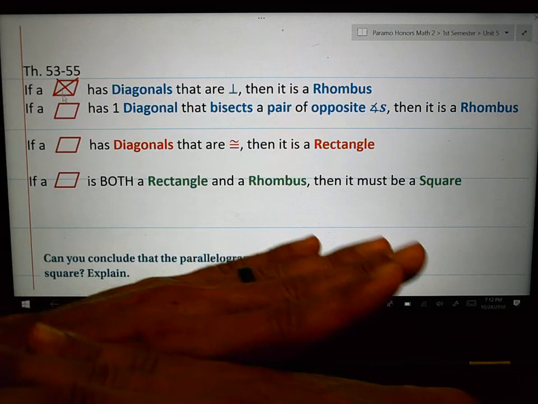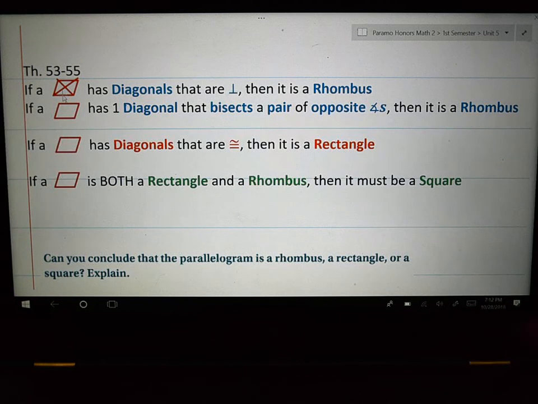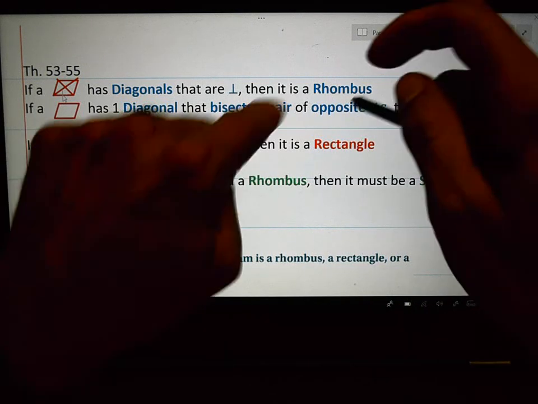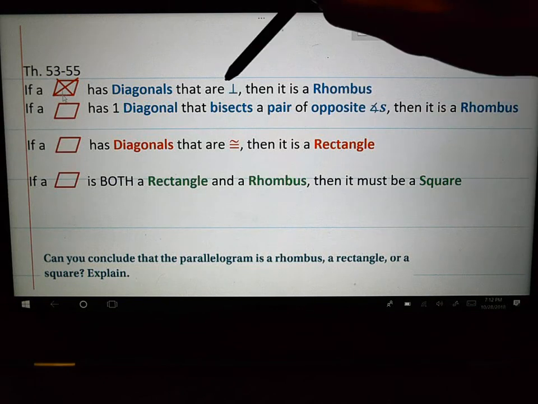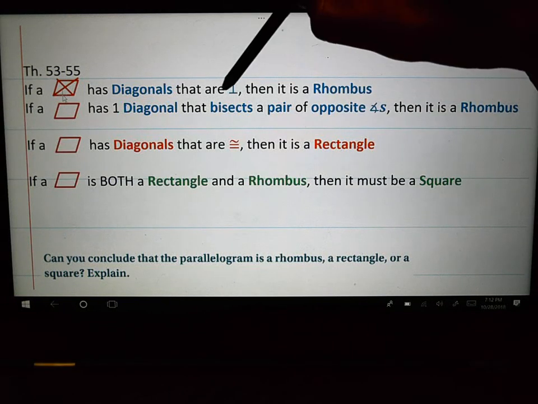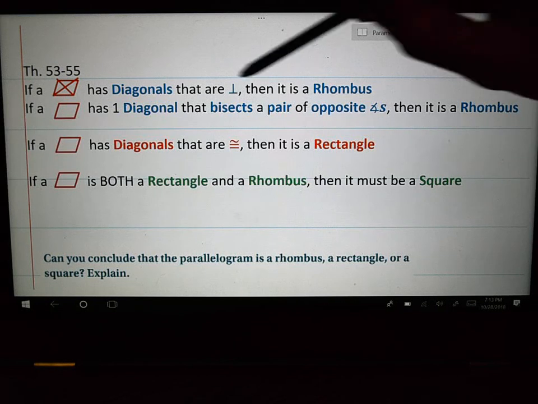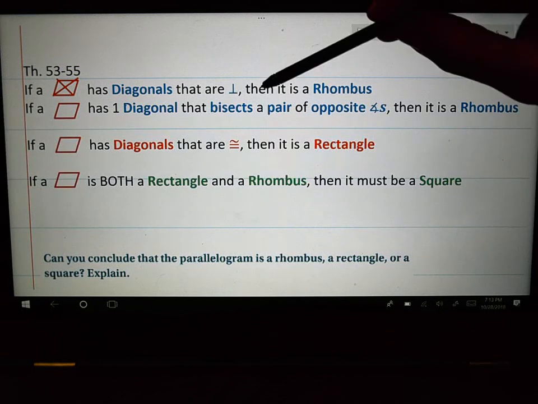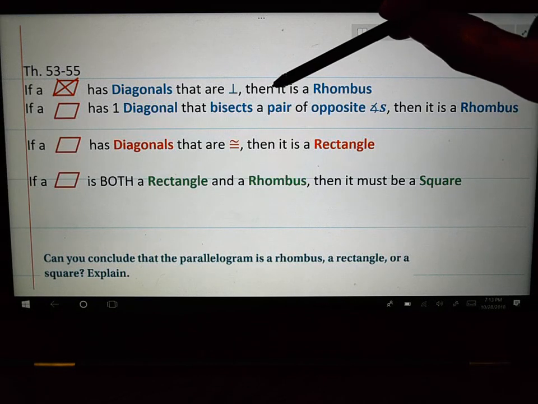Then it must be a rhombus. Anything else, it would just be a parallelogram. It's possible to be a rectangle when I think about that, but it could not be a rhombus. If diagonals are perpendicular, it's a rhombus. It could be a square, but we don't know if it has 4 congruent sides.